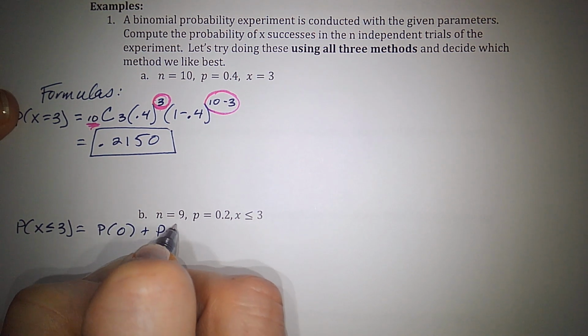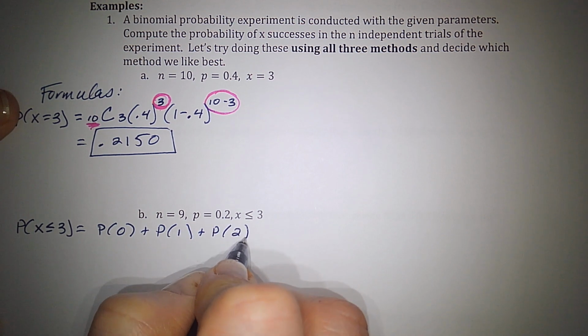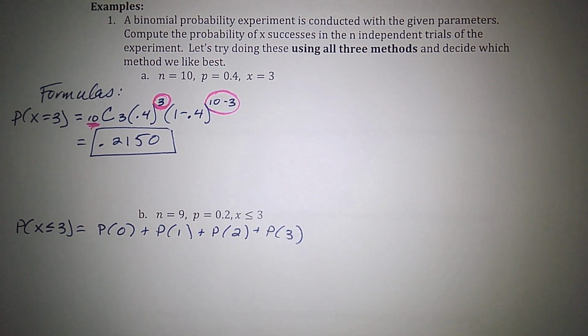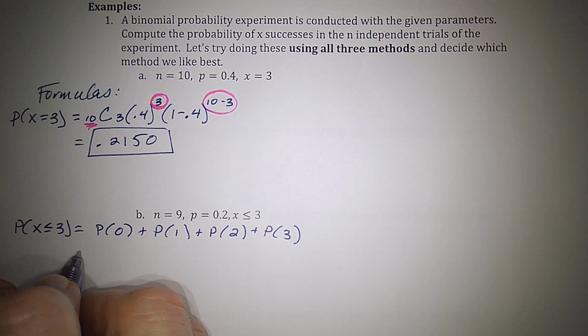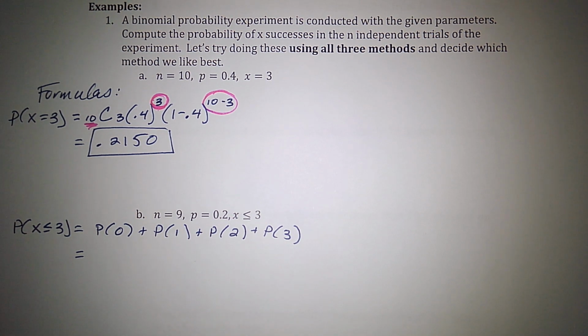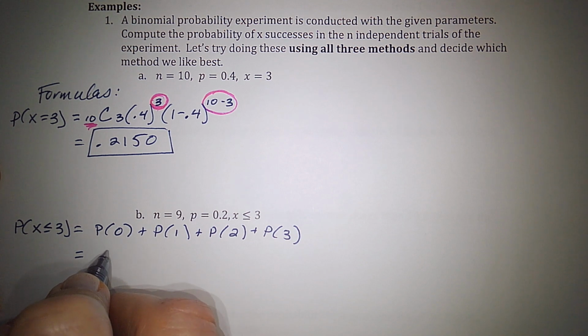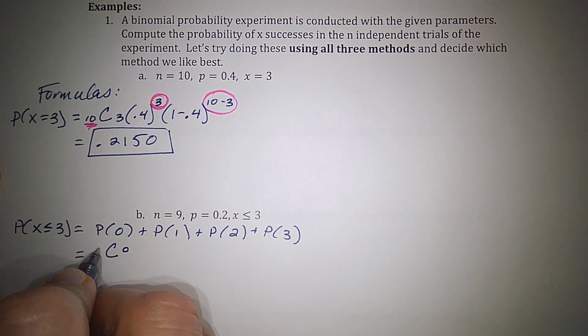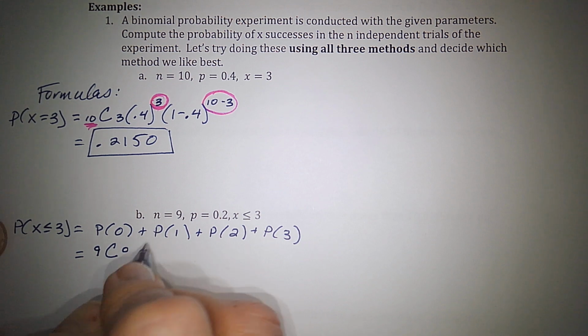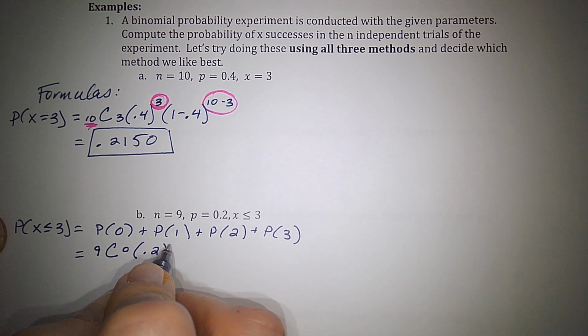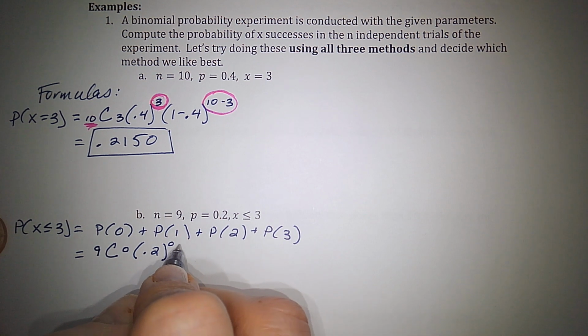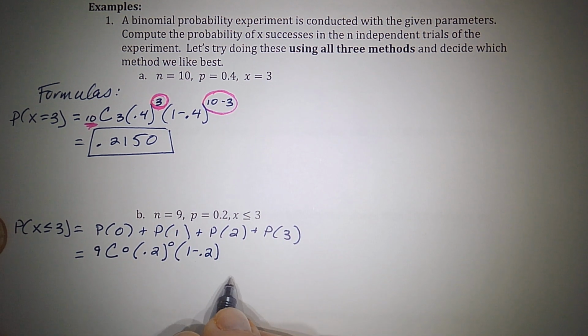So we individually have to find the probability of each of these and then add them all together. First, let's find the probability of getting exactly 0 successes. I will mimic what I did up here. I want a combination of 0 successes out of 9 total trials, times the probability of success, and I only want 0 of them, times the probability of failure, and I want all 9 failures.